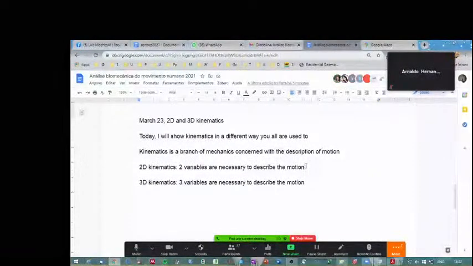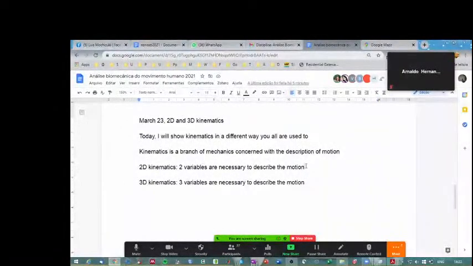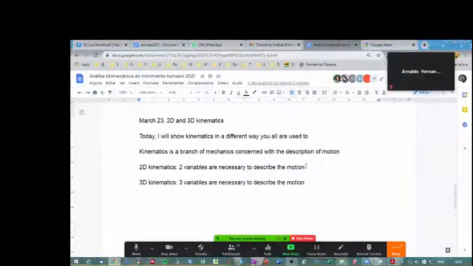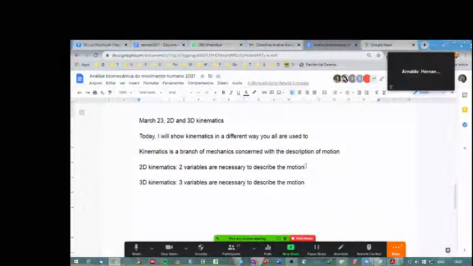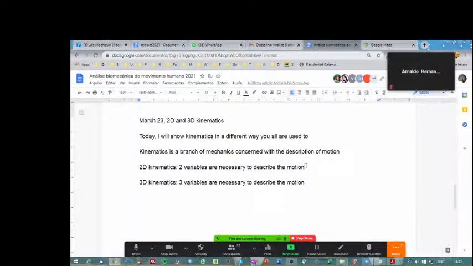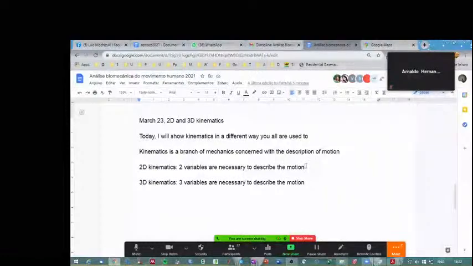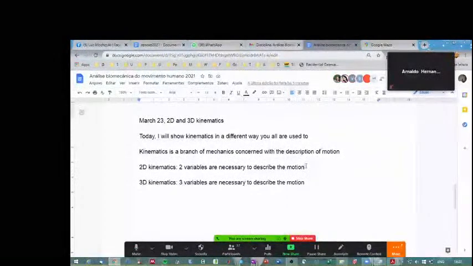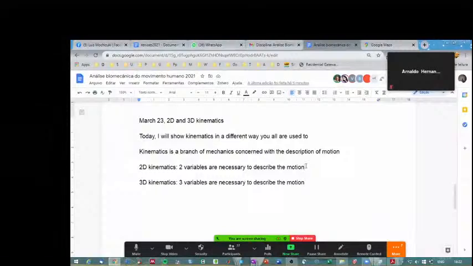This is very important to understand, because when we read biomechanics, we are not always going to see people talking about kinematics in terms of x, y, and z. If people say 3D kinematics, it means you need three variables to describe the movement. Sometimes those three variables can be two angles and one length, for example.